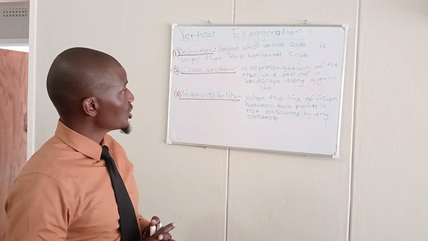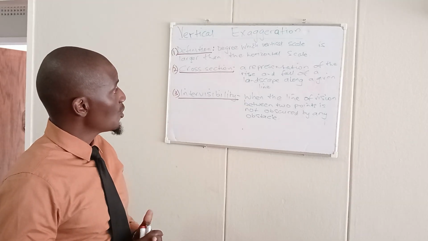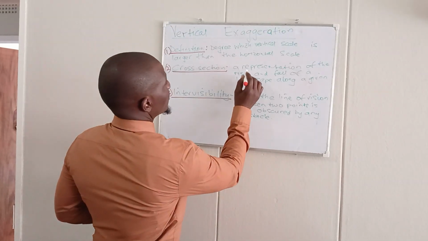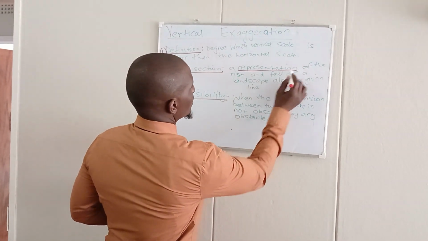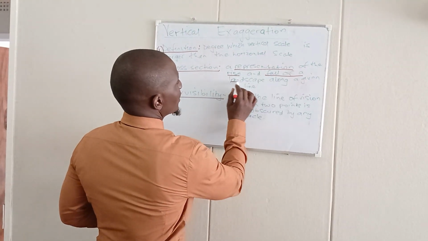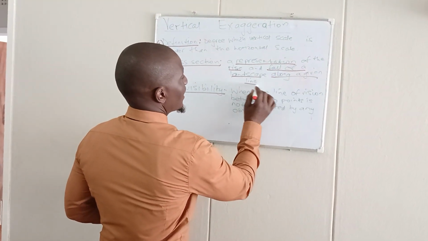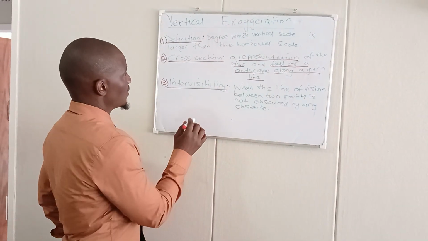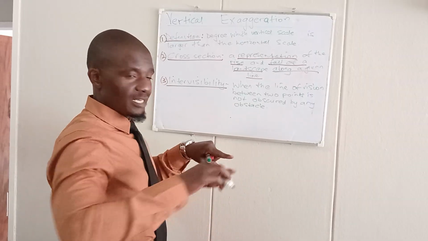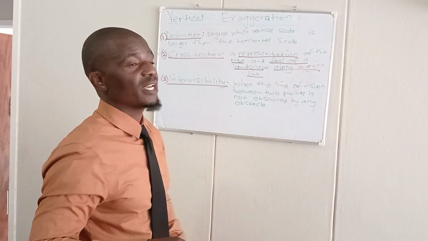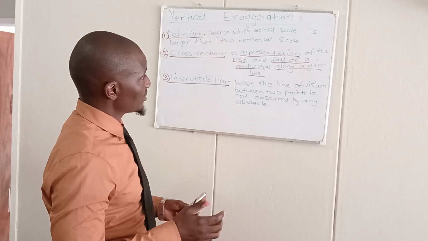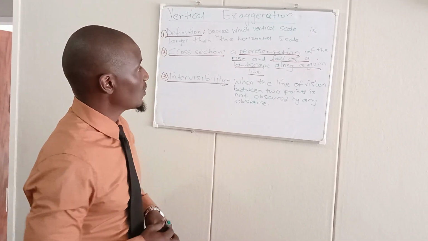Assuming we are looking at 2 points from A to B, along that landscape there is rise and fall, which means we have highland and lowland along the same cross-section.